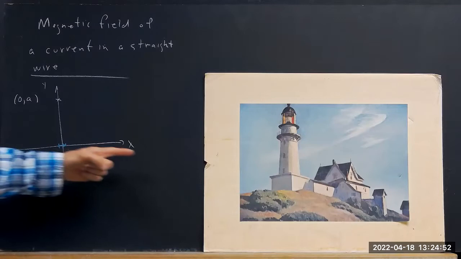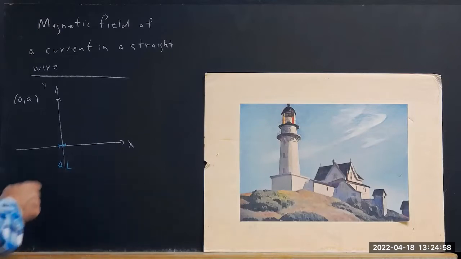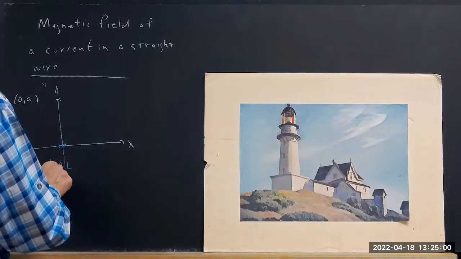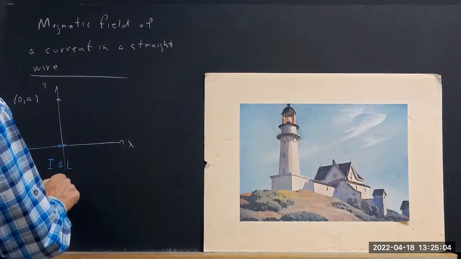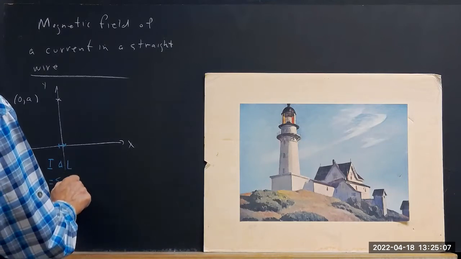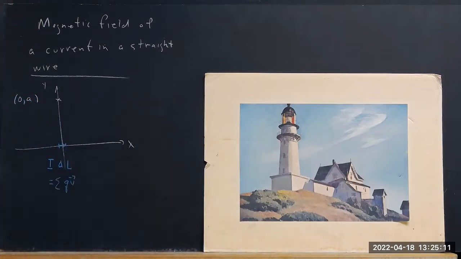If you have a current moving through the increment delta L, then your I delta L is the sum of your QVs, and that's something you hopefully worked out in the last chapter.